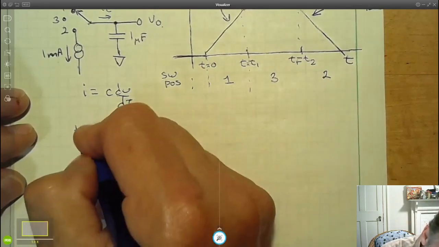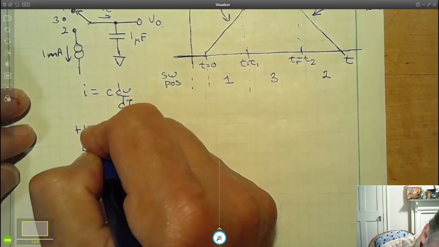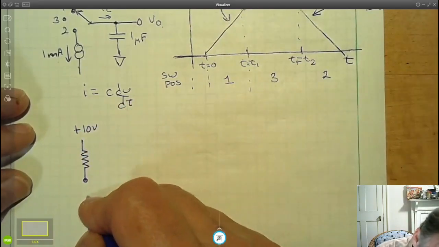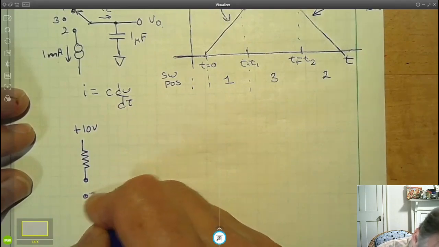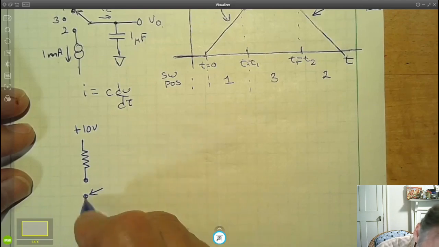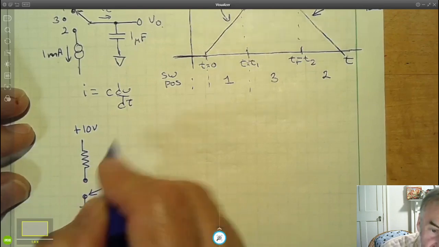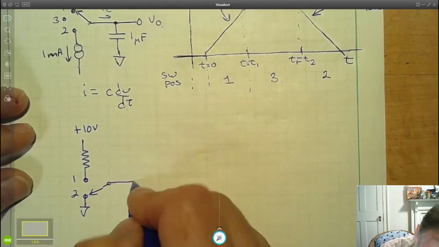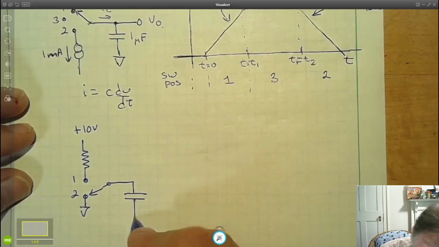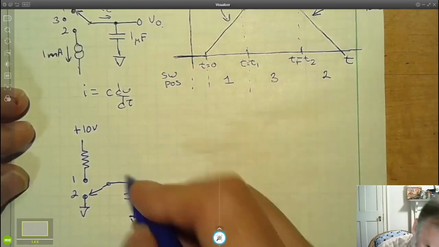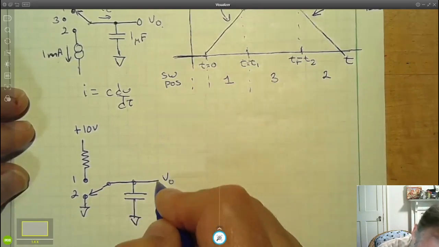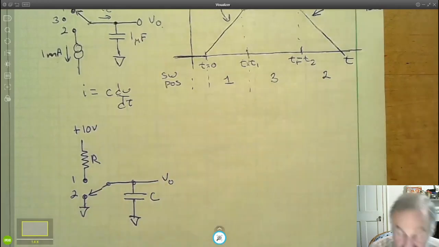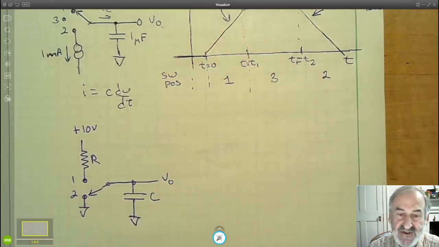Oh, let's do 10 volts. All right, so here we have an RC circuit, typically called an RC circuit, a resistor and a capacitor.